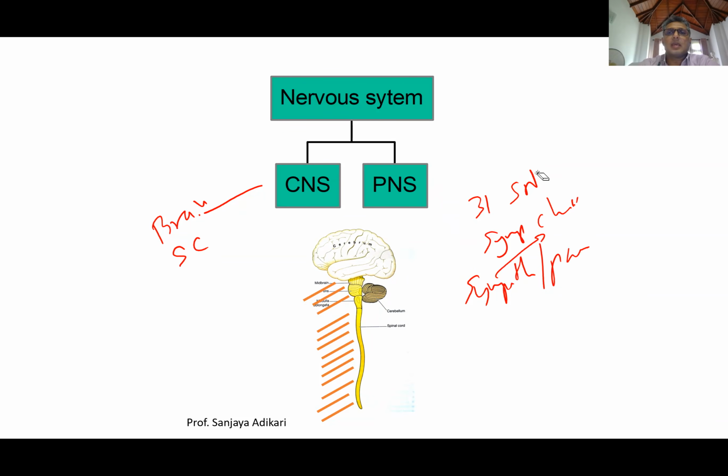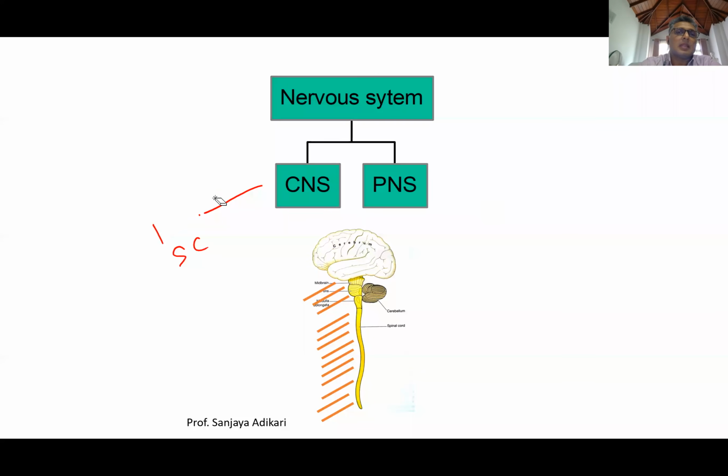So when you say central nervous system or peripheral nervous system, in the central nervous system, whether it's the brain or the spinal cord, you have both types of nerves, somatic and autonomic.